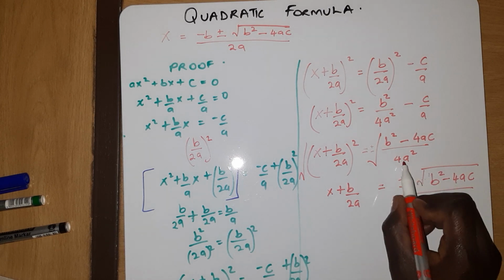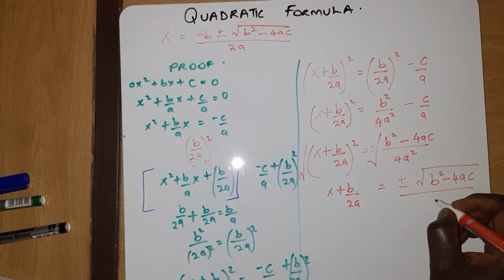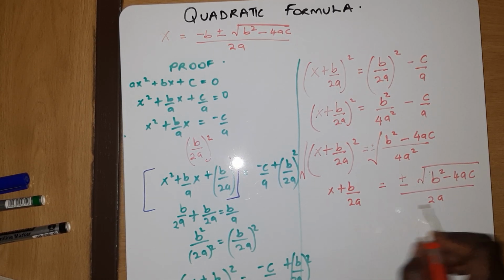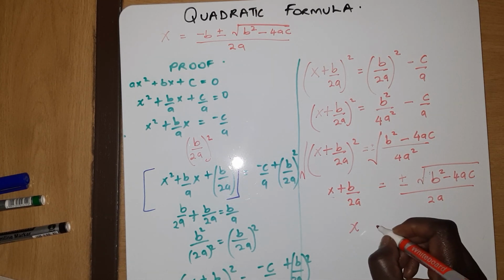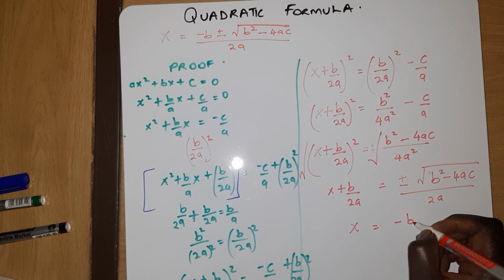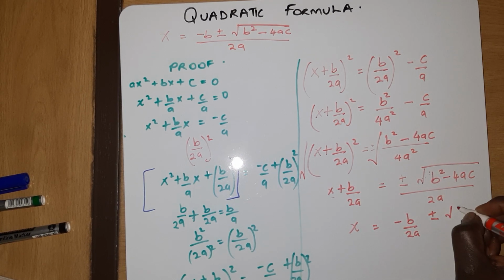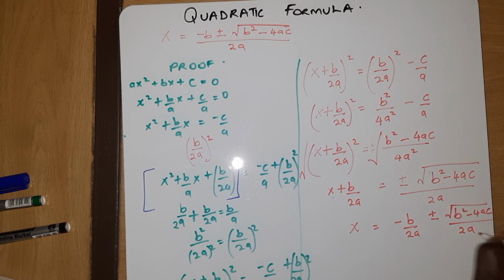over, what's the square root of 4a squared? It's 2a. Yes. So now we want x, right? x is equal to minus b over 2a plus minus root of b squared minus 4ac over 2a.